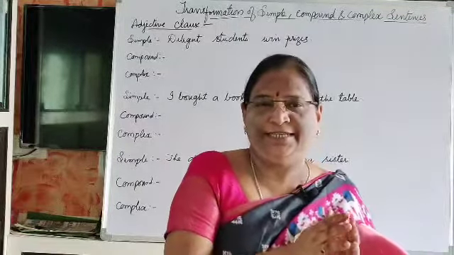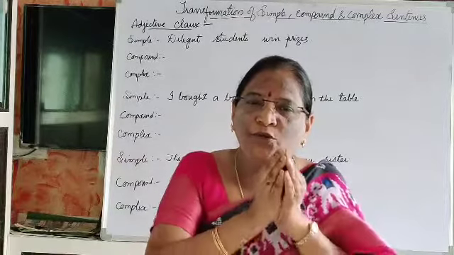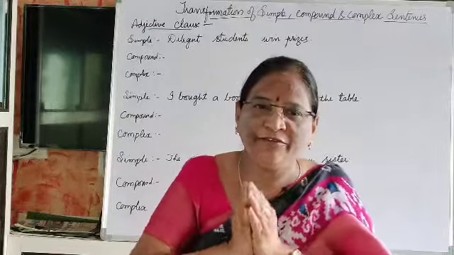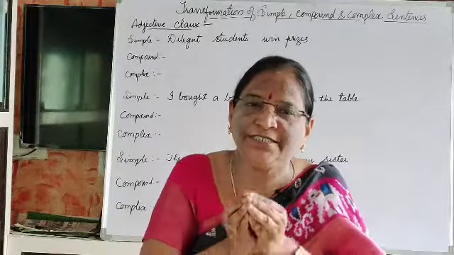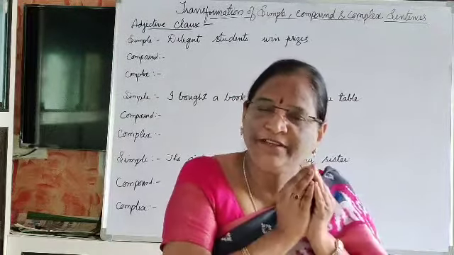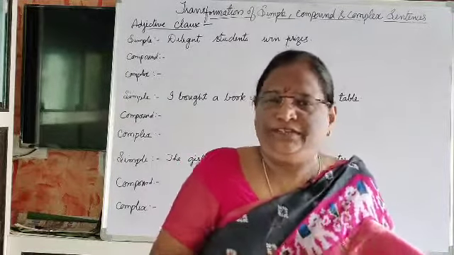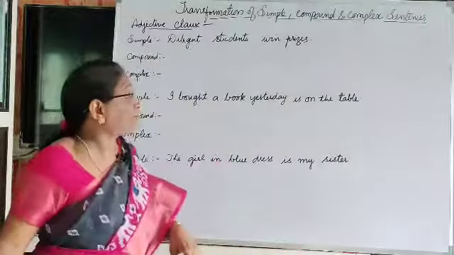The subordinate clause describes the antecedent with words like who, which, that, whose, whom, why, when. These subordinate conjunctions describe the antecedent, whether it may be a noun or a pronoun. Okay, now let us see here.